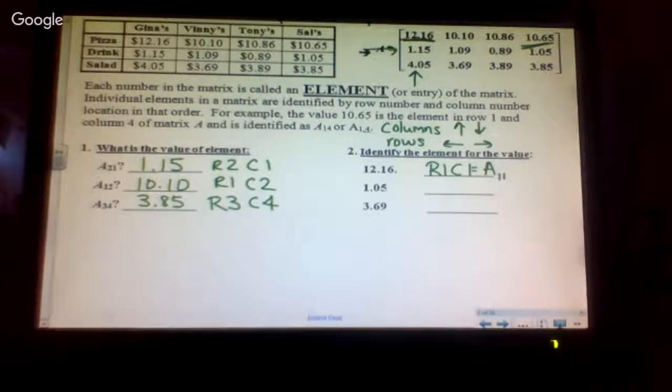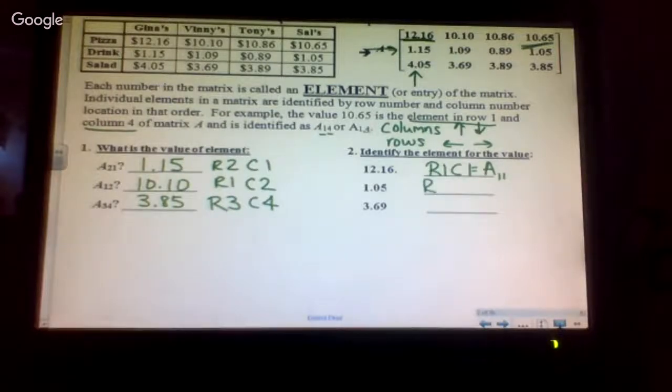Row 2, column 1. I thought it was column 2, row 1. This one's row 1, column 2. Don't columns go first? No, rows go first. The element in row 2, column 4 would be A sub 2,4.